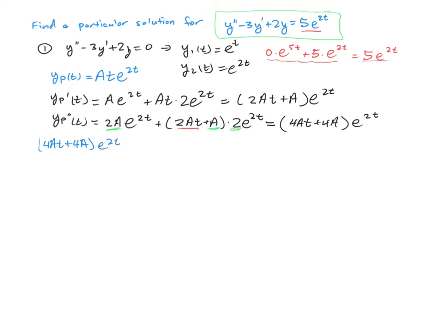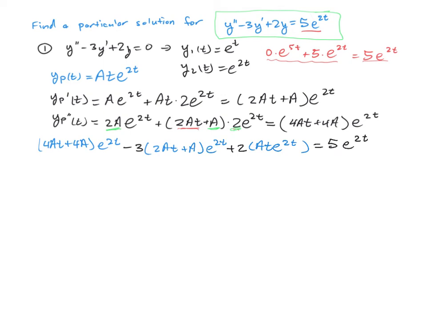And then our differential equation has minus 3, and that's times the first derivative, which was 2at plus a e to the 2t. And then we have a plus 2 in our differential equation times the y, which again is at e to the 2t. And this must all equal out to our forcing term, which is 5e to the 2t.